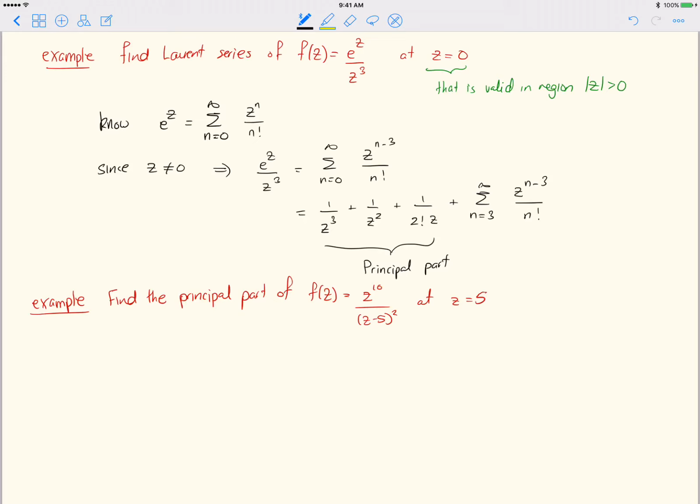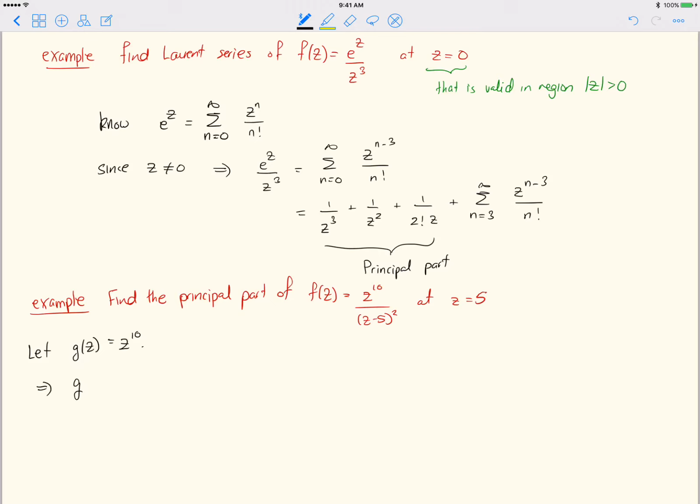What you can do, you can say let g of z equal the numerator z to the power of 10. Okay? Well, here, as you can see, g is going to be an entire function, by that I mean it's going to be analytic everywhere. So g has a Taylor series expansion.